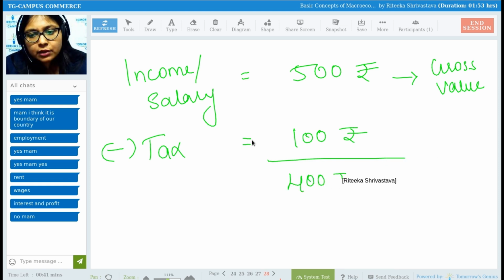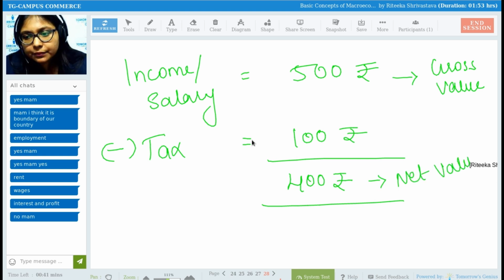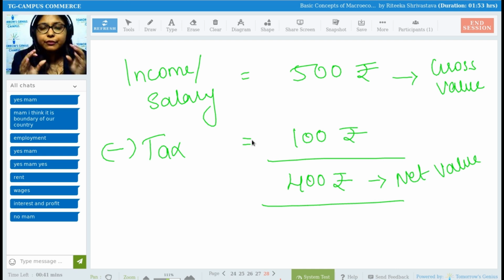So the remaining is 400 rupees. So this 400 rupees will be termed the net value. So the total money which is there in our hands after doing all the deductions is called the net value.